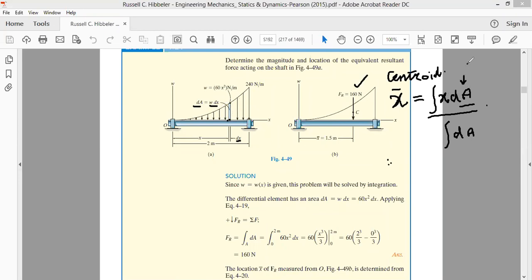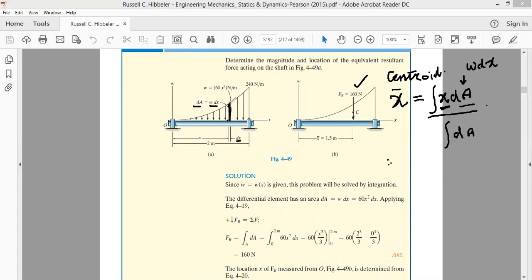Now, what is this x? X represents the x coordinate of this small area dA. How far away is dA?